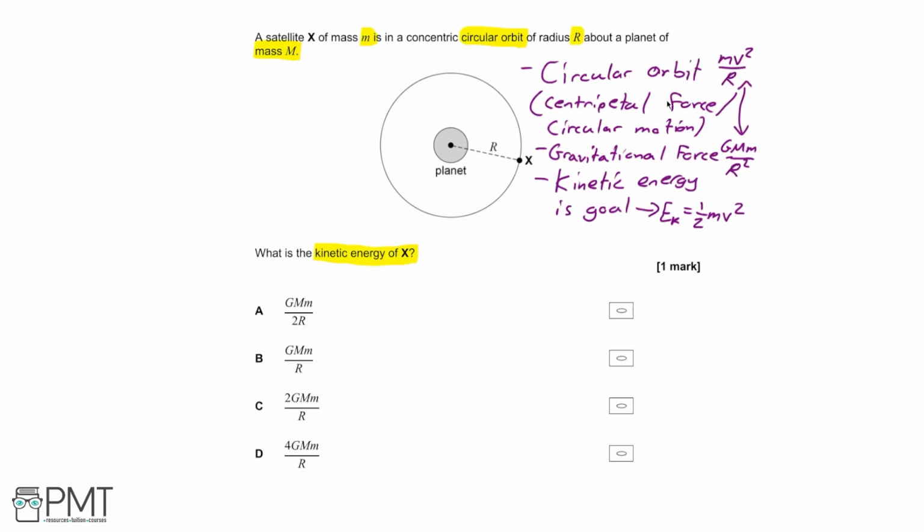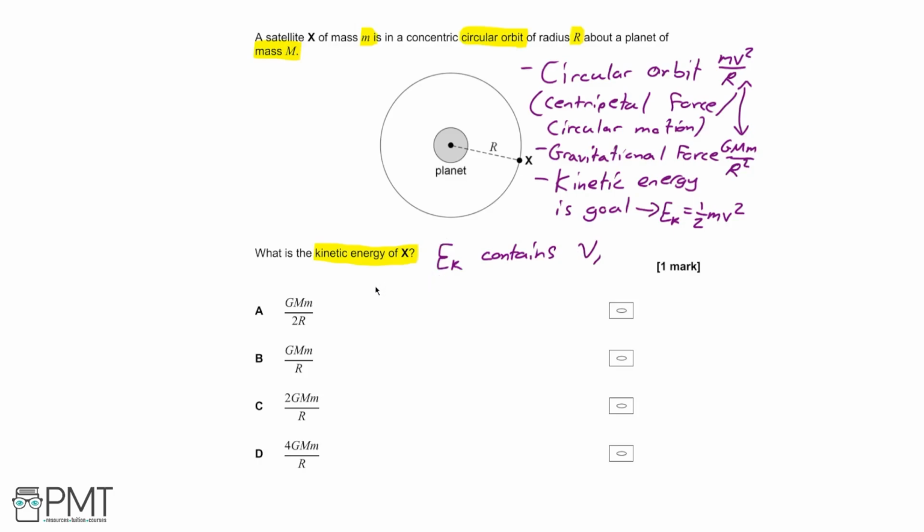So now we need to figure out how we can get the kinetic energy. Specifically, we know that we have an equation for Ek that contains v, the velocity, but v is not given in the question. So therefore we have to use our other equations to get v.